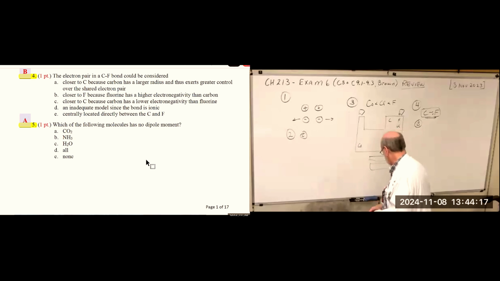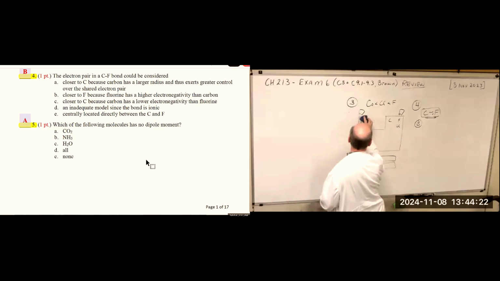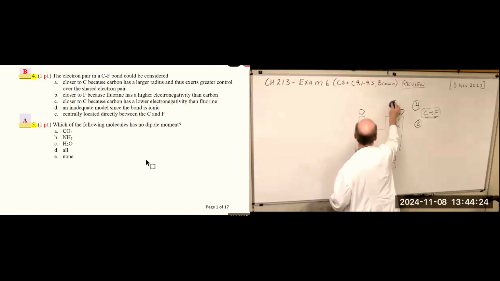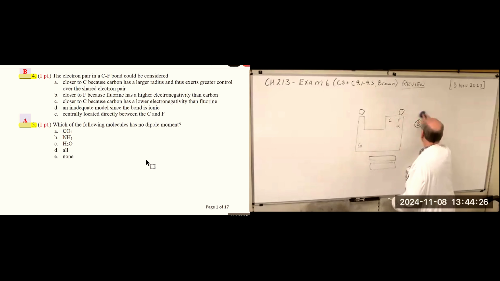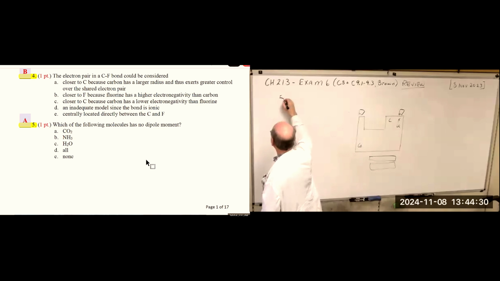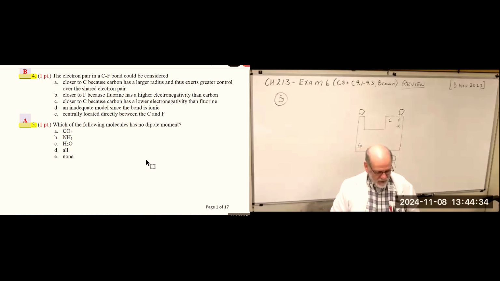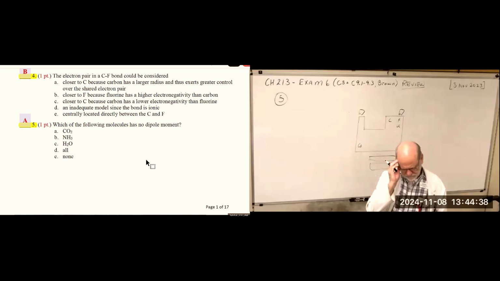Number 5. Let me clear the board, except for that drawing, which I'll leave in case we need it again. Which of the following molecules has no dipole moment? All right.